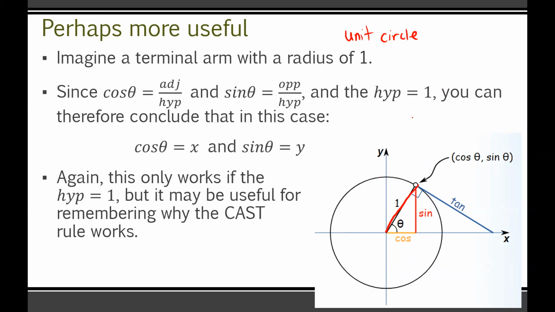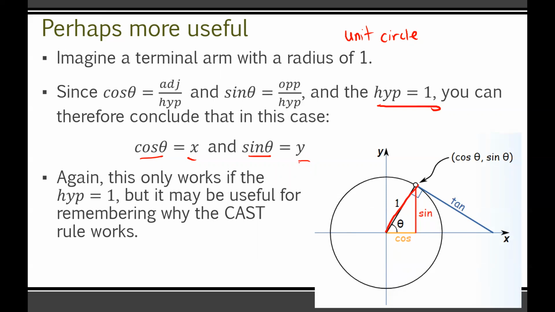If you had a terminal arm with a radius of 1, since cosine is adjacent over hypotenuse and sine is opposite over hypotenuse, and your hypotenuse is 1, you could just conclude in this very special case that your cosine value is just the value of your x, and your sine value is just the value of your y.